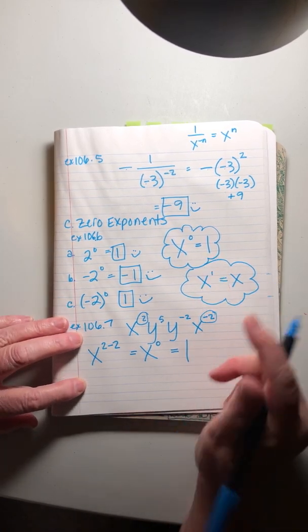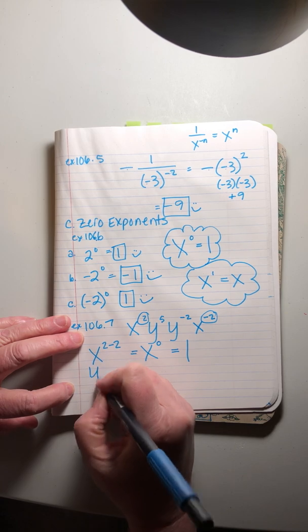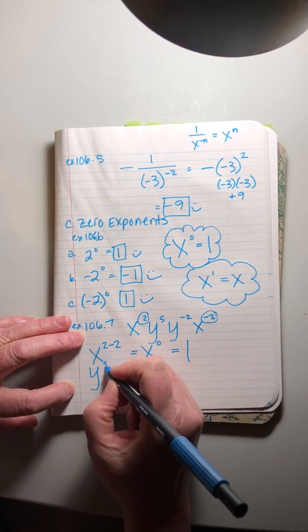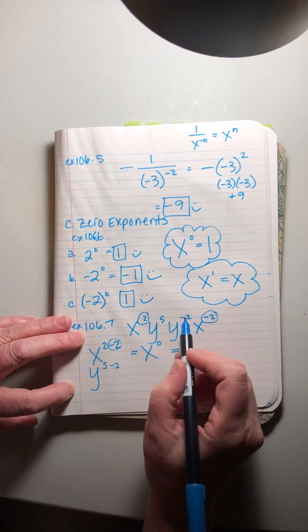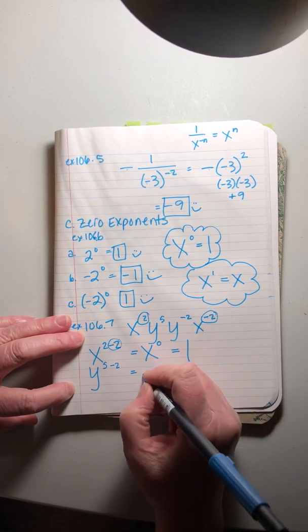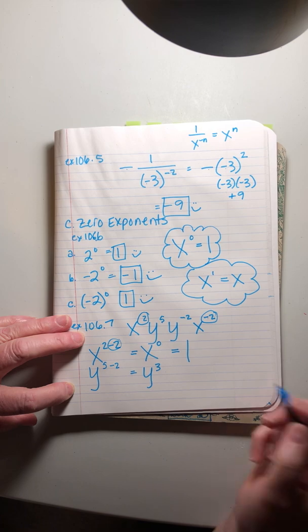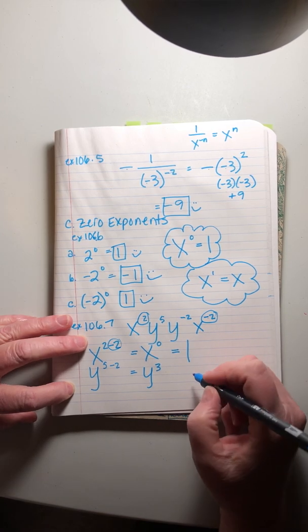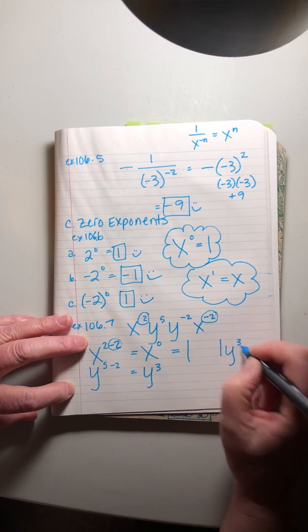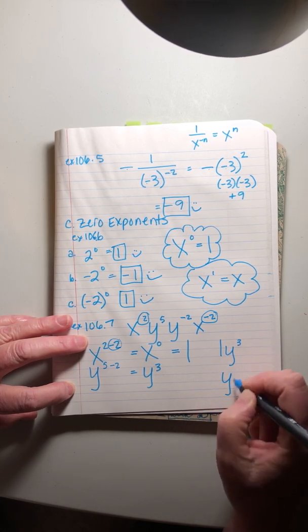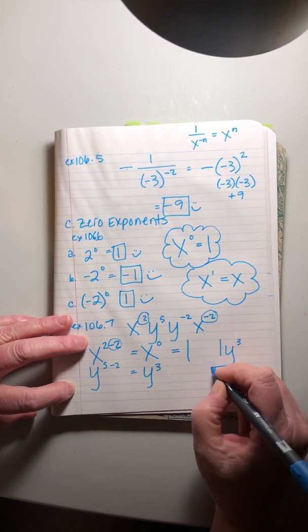Oh, interesting. Then let's try our y: 5 minus 2. Remember, we're adding these, but they have minus signs in front of them, so it looks like we're subtracting. Y to the 3rd. So our answer we could write as 1 times y to the 3rd, but that's silly. We just write it as y to the 3rd. So that's our final answer.